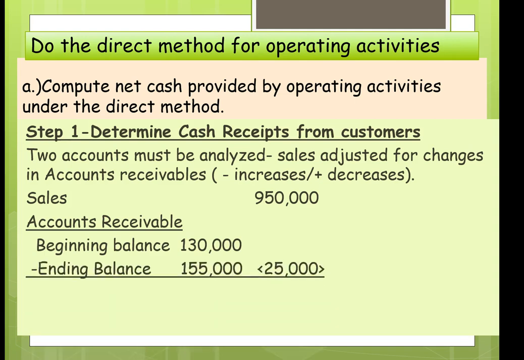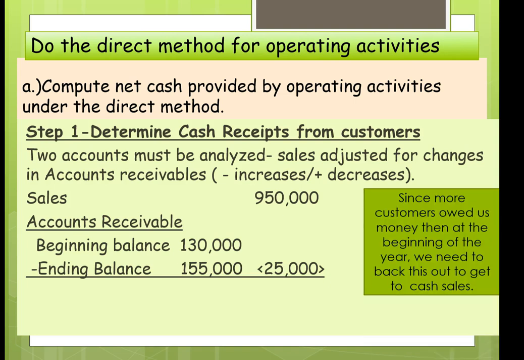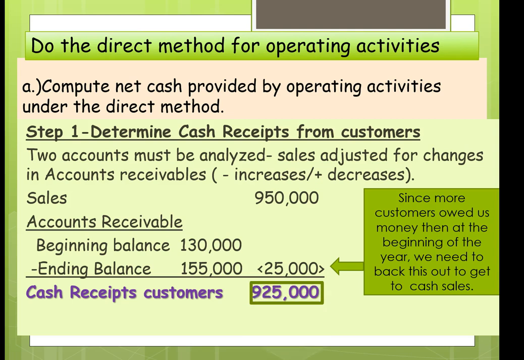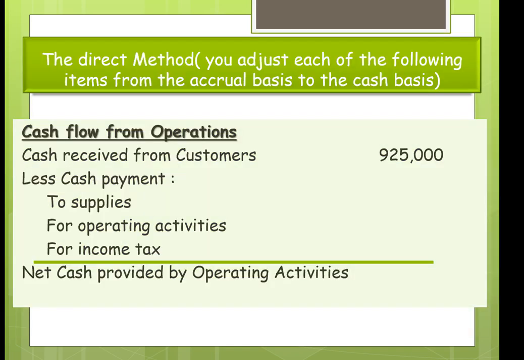We had a beginning balance of $130, an ending of $155, which means that $25,000 of the sales we're showing was not collected. So that means we have to back it out. And so our cash receipts from customers is $925. That's what we're going to use as our first line item. So we go to our form and we get $925.